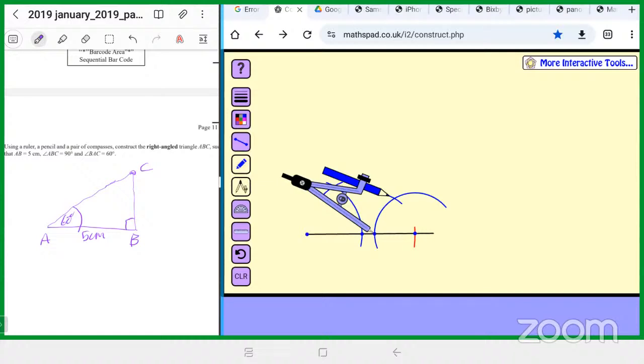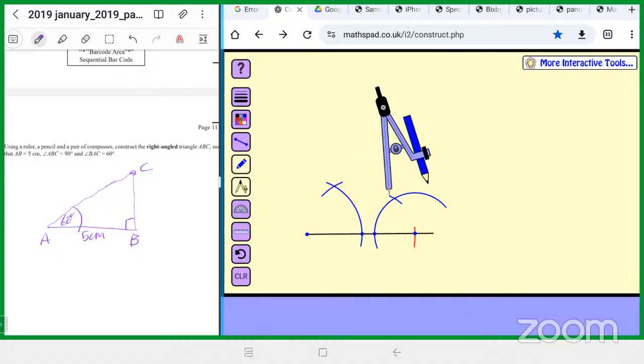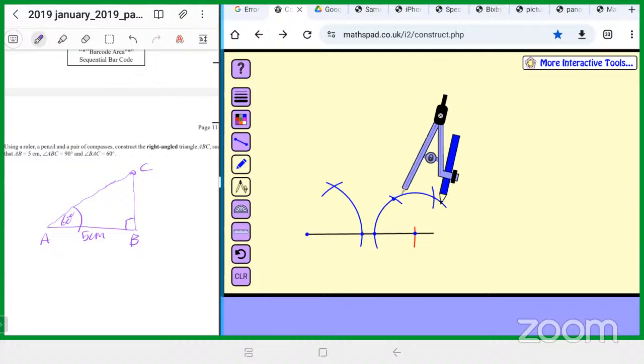And I move the point of the compass here to this intersection. Not there, on the intersection. See that? And when I make another arc, that's a second 60-degree arc. So right up here is a 60-degree arc. I'm going to bisect it.